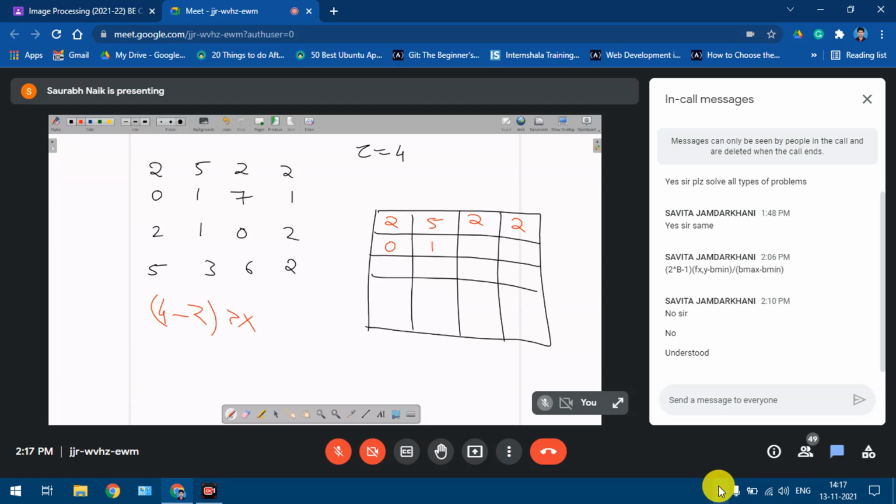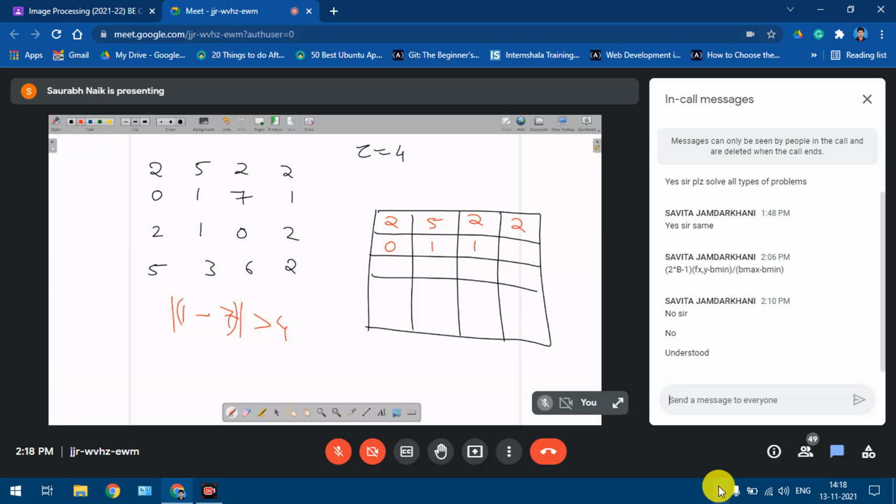Now, at this point, for the first time the sum comes to 4. That is, since this is my pixel whose value I want to calculate, the sum of 1, 0, 1, and 2, these 4 numbers, comes to 4. The average will be 1. Since 1 minus 7, the absolute value of this, is greater than 4, that is the threshold, I have to set the new value, which is 1.